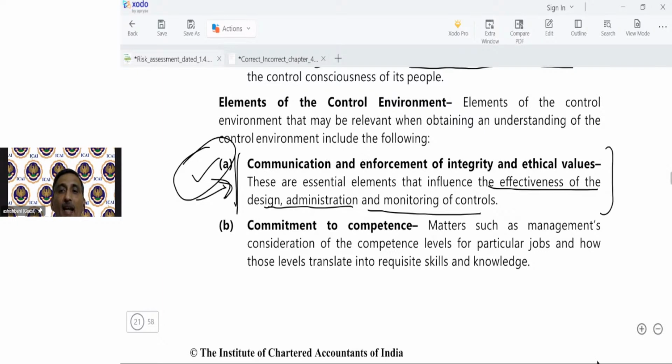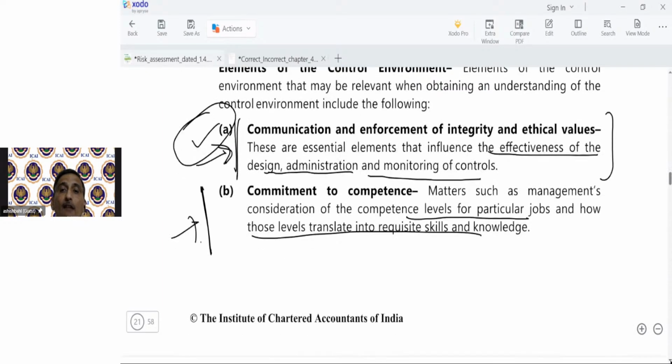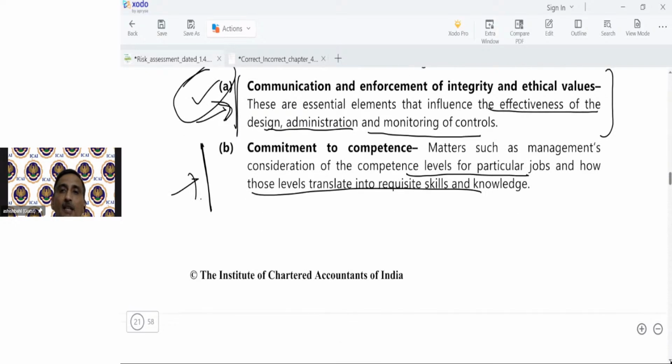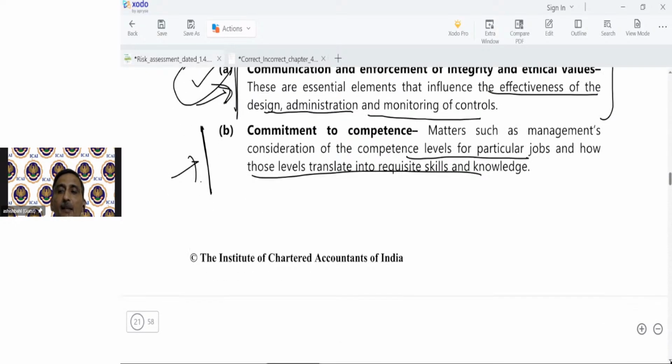Management selects proper people for particular jobs, so that these persons add value to the company. If the management is not hiring good people, then how would it be able to achieve its objectives? Very simple.